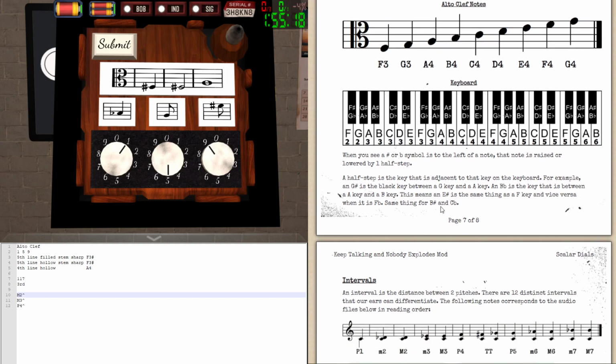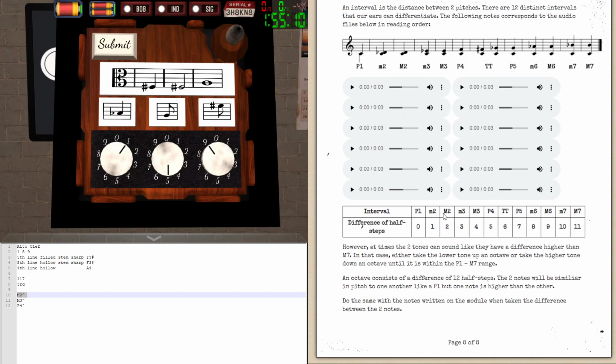And then we have to go up by the number of half steps dictated by the major second. Major second is going to be right there. I'm sorry I didn't clarify that any sooner, but this is all the intervals. Each one has a name: perfect 1, minor second, major second, minor third, perfect fourth, tritone, perfect fifth, minor sixth, major sixth, minor seventh, major seventh.